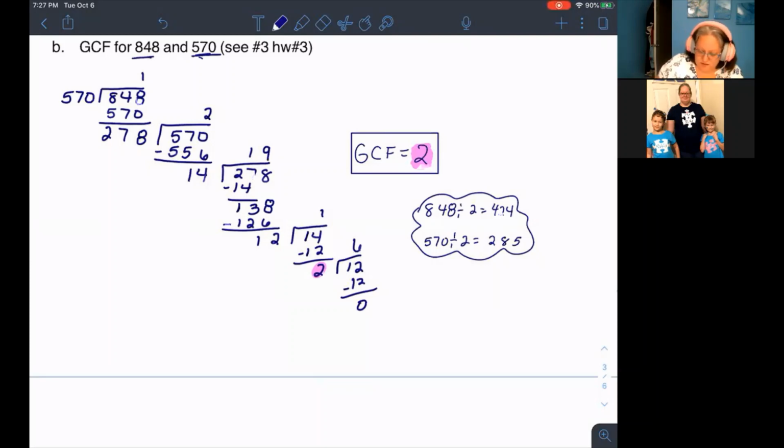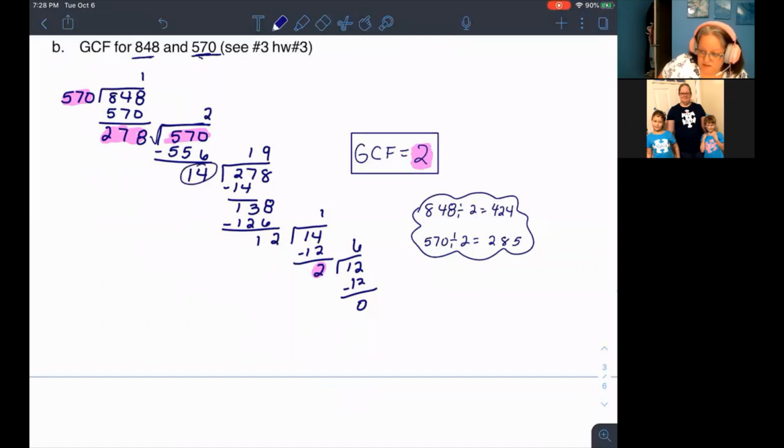That gives you 1 with the remainder of 278. So then that 278 is now your divisor, and you're bringing down the previous divisor and dividing it into that. So you have 278 into 570, which gives you the remainder of 14.